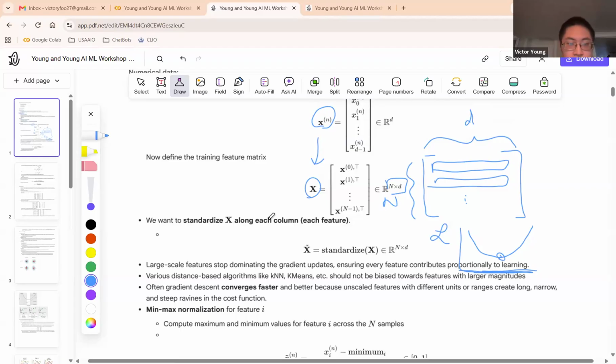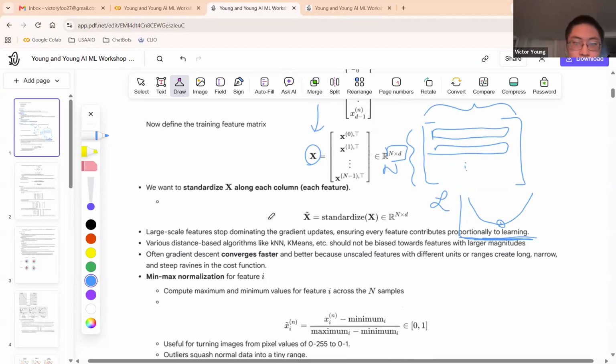That's why we need to standardize along each column, because it is for each feature. We're not going to say we standardize this sample's 3 bathrooms and 100 for the land size. We're not going to do that because you cannot add the bathroom and the land area together. It does not make sense. So we're doing it for each feature.